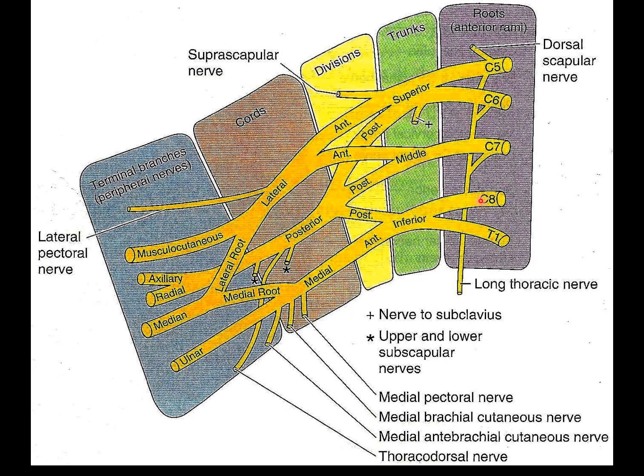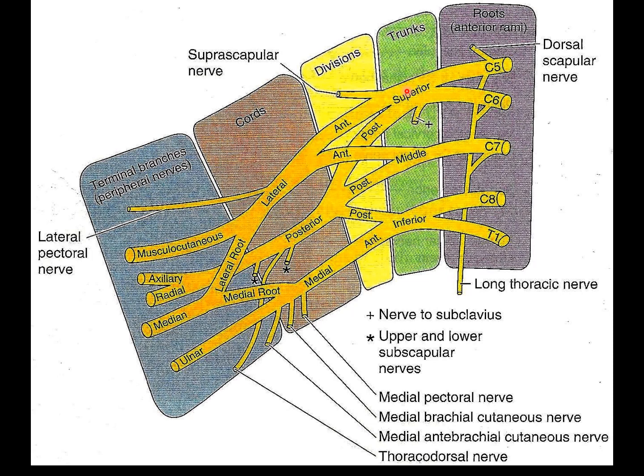And C8 and T1, the lower nerves, unite together and form the inferior trunk. So out of 5 roots, 3 trunks are formed: superior trunk, middle trunk and inferior trunk. C5 and C6 will be the root value for the superior trunk, C7 for the middle, and C8 and T1 for the inferior trunk. So roots now become trunks: superior, middle and inferior.